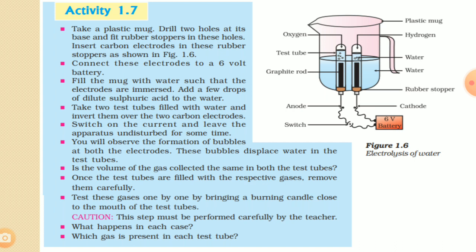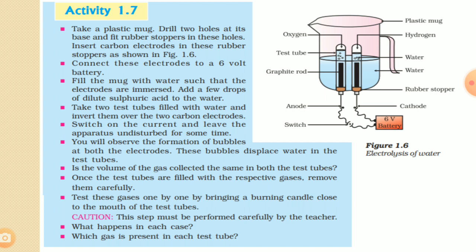In this activity, two electrodes, anode and cathode, which are made up of graphite, are connected to a battery. These two electrodes are attached to a mug having water. A little concentrated sulfuric acid is added to the water to make it conducting. When current is passed through it, bubbles are formed at both the electrodes, which shows the formation of gases.